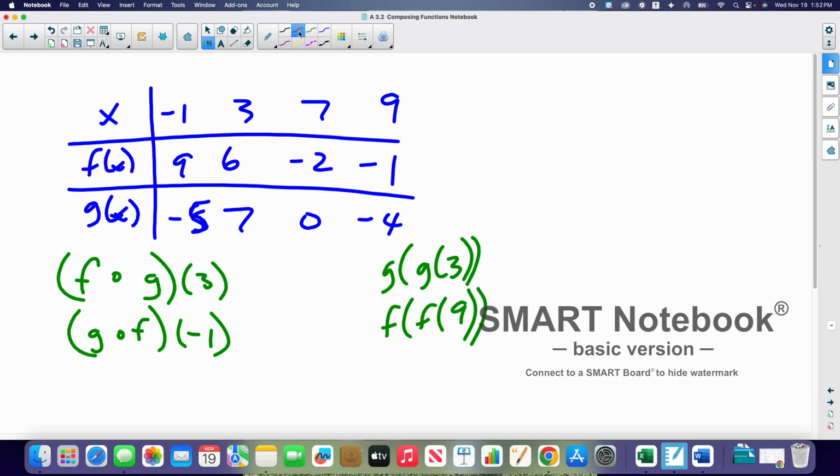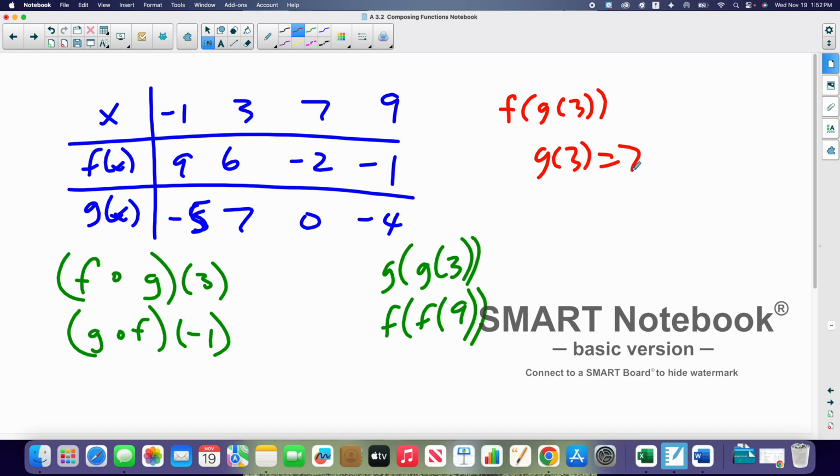Okay. Go for it. So for the first one, you see that this is just equal to f of g of 3. That's what it's saying. And we know that g of 3, if you look at 3, go down to the g of x table, that's 7. So g of 3 equals 7.